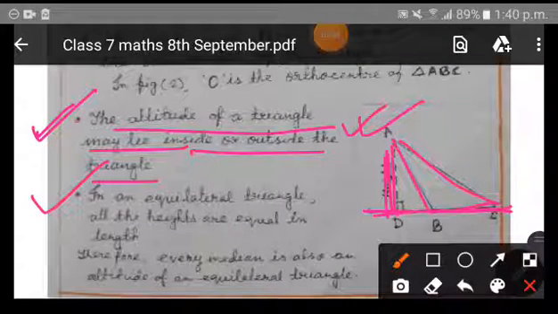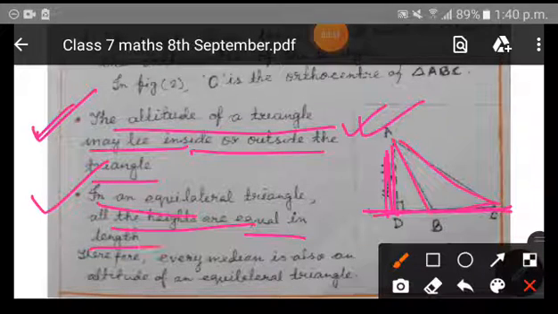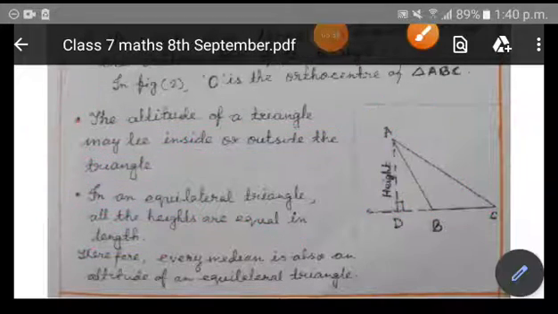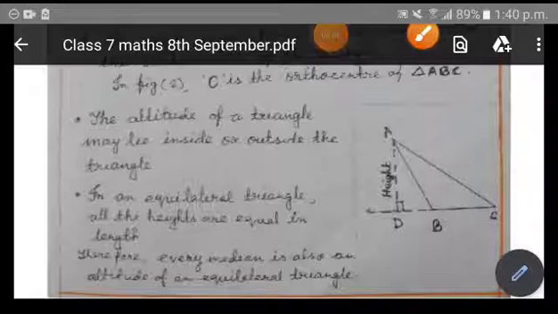Now the next point: in an equilateral triangle all the heights are equal in length. Why, children? Because in an equilateral triangle all the sides are of equal length, and you know that each angle is also 60 degrees. So the lengths of the altitudes in an equilateral triangle will also be equal.